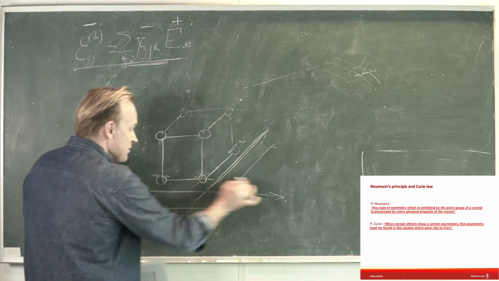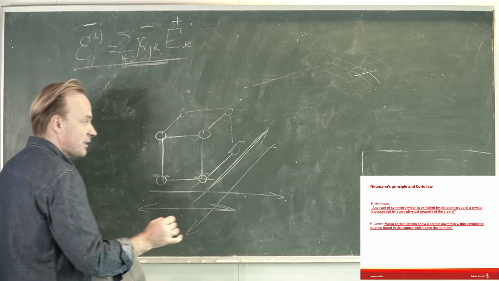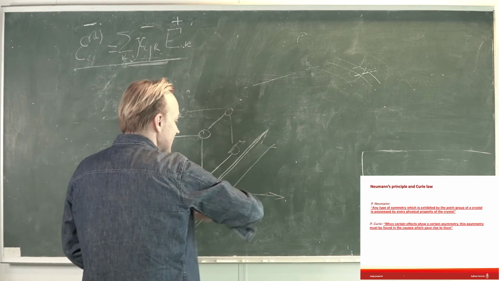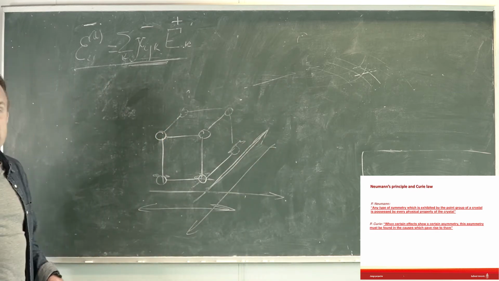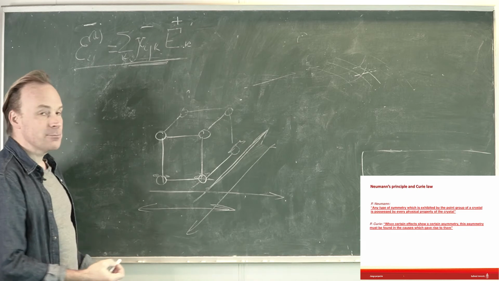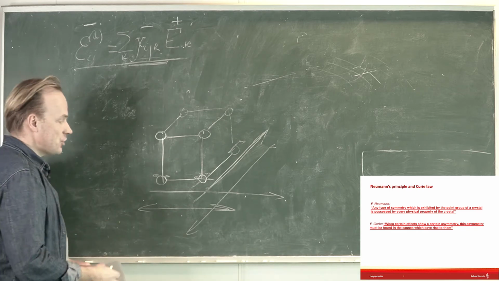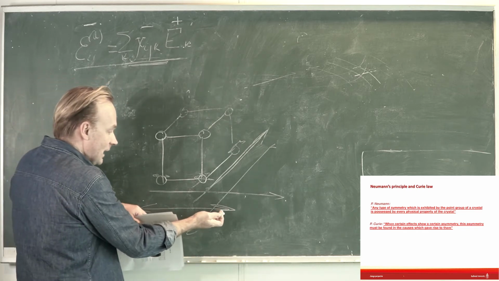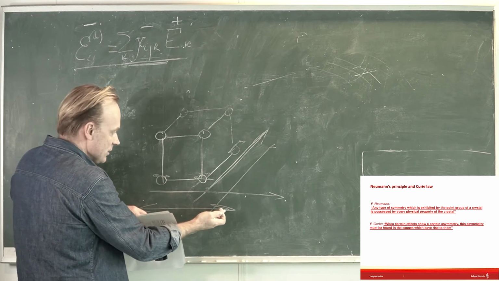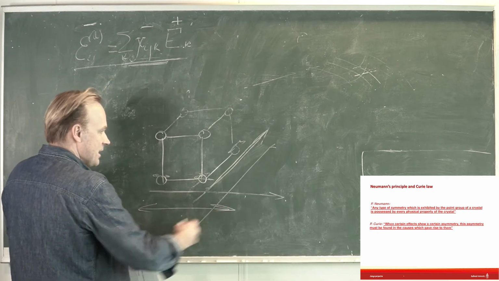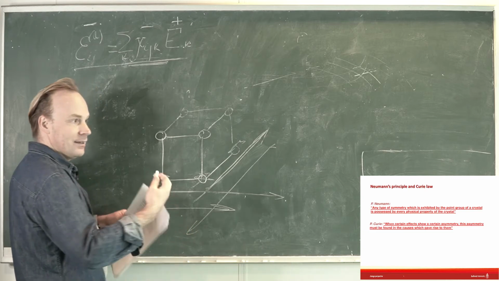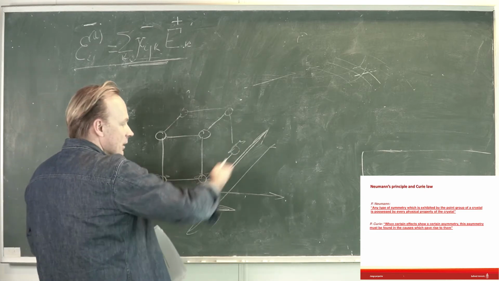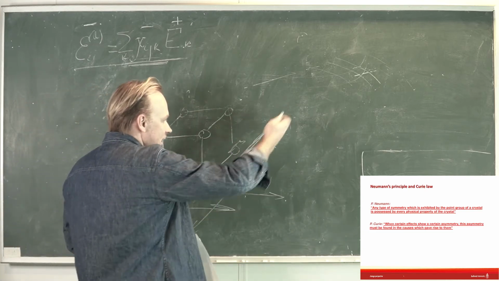And if the arrangement of atoms in this direction is absolutely equivalent to the arrangement of atoms in this direction, there is no reason to expect that optical properties shown by the medium during the interaction with light with this polarization will be different than optical properties for light polarized in this direction.